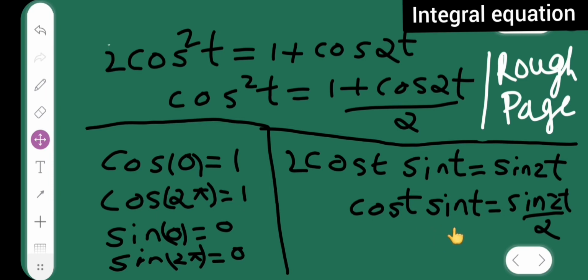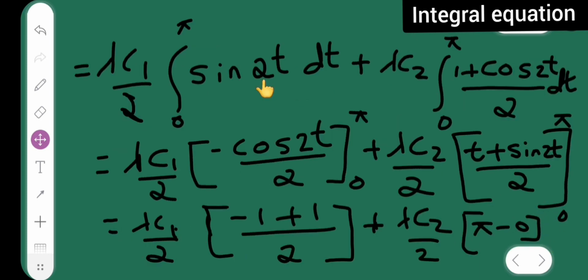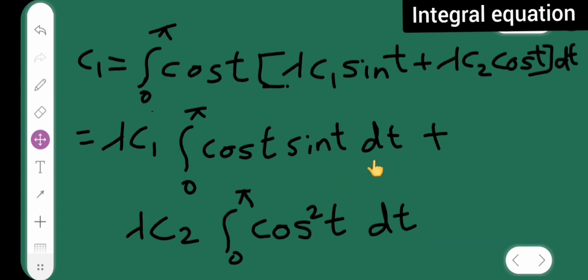See, 2 cos of t into sine of t is equal to sine 2t. But then if I take the 2 down, cos of t into sine of t is equal to sine of 2t upon 2. So that's what I have done here. The 2 I have taken outside here, then integral 0 to pi sine of 2t dt plus lambda c2.